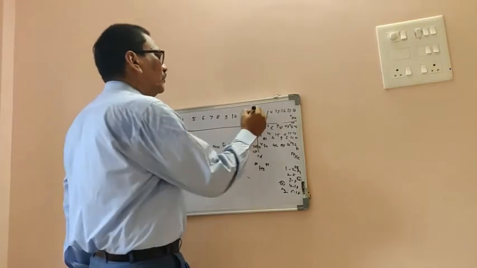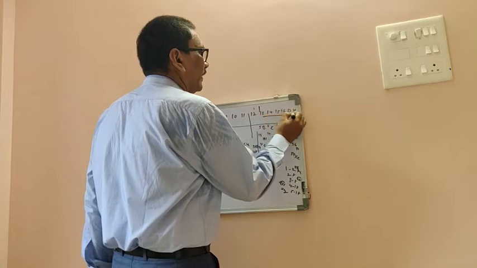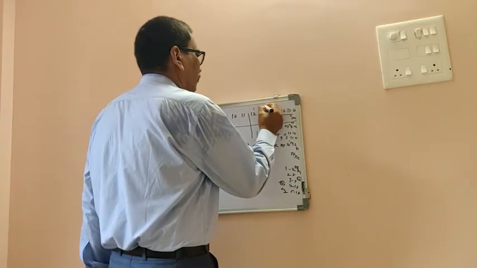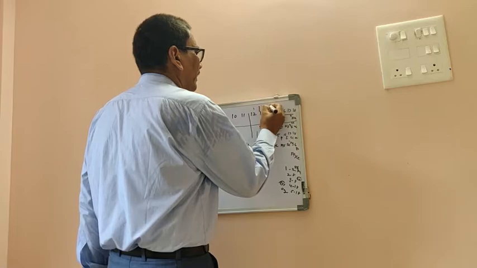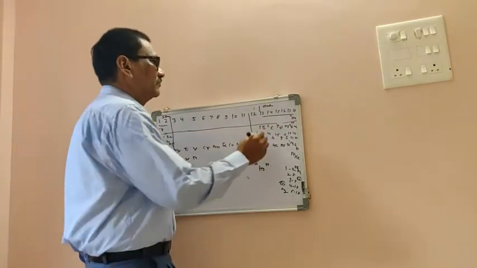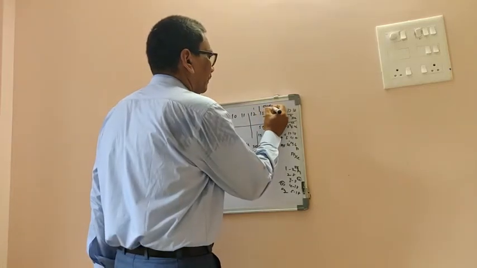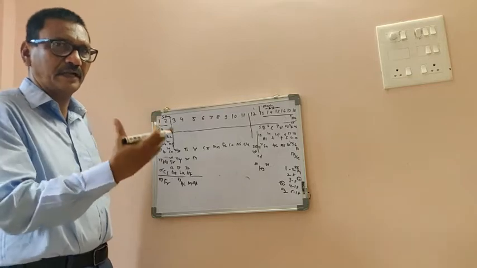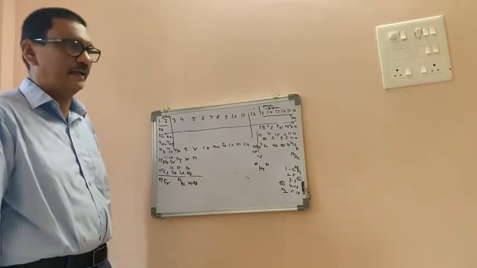Then from group 13 to group 17, these are the strongly electronegative elements, and that's why these are called the P block elements. They are placed at the extreme right of the periodic table.